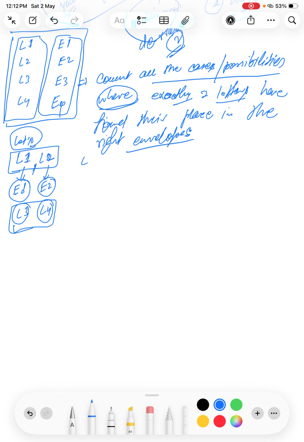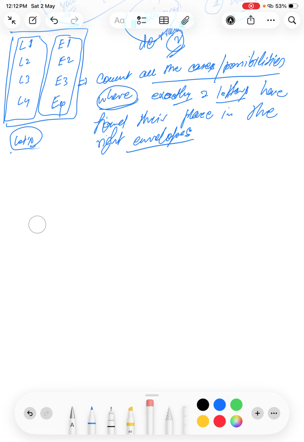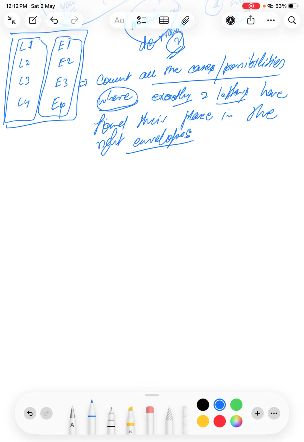Then, how would you count it? Let me change the approach slightly. The explanation which I would have given that way would have been a little complex. Let us simplify a little and move forward.